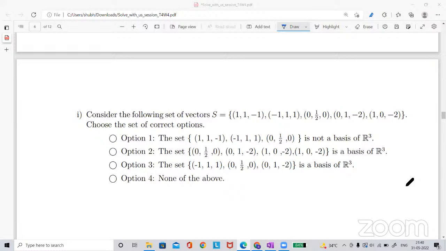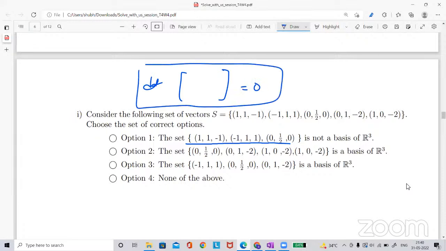So let me continue and discuss that. In this set, what's happening? You said that if you write a matrix using these vectors, the determinant of this matrix is 0. So it means these three vectors are not linearly independent.